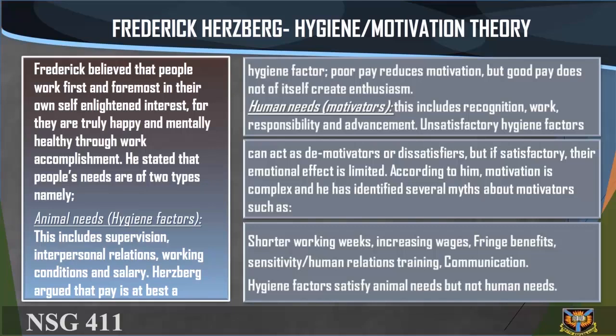According to him, motivation is complex, and he has identified several myths about motivators, such as shorter working weeks, increasing wages, fringe benefits, sensitivity or human relations training, communication. Hygiene factors satisfy animal needs but not human needs.